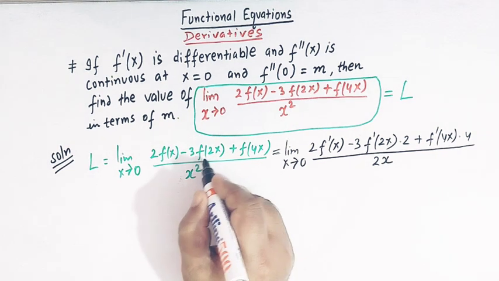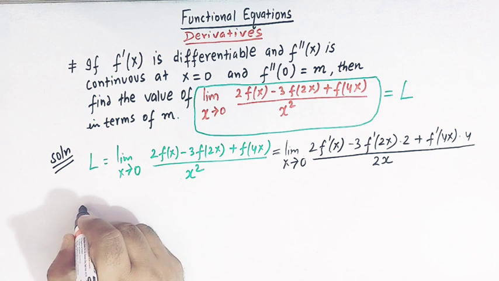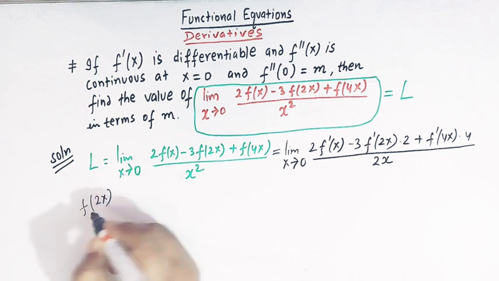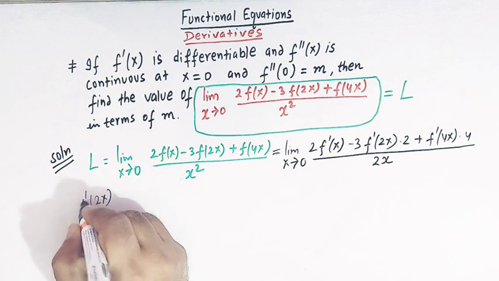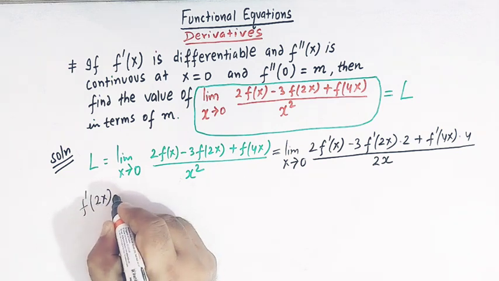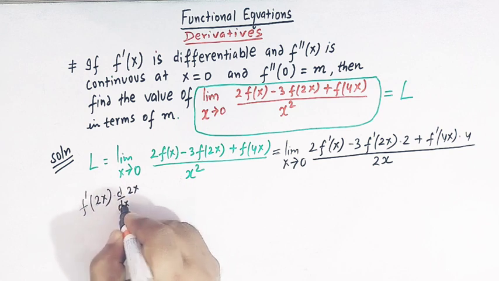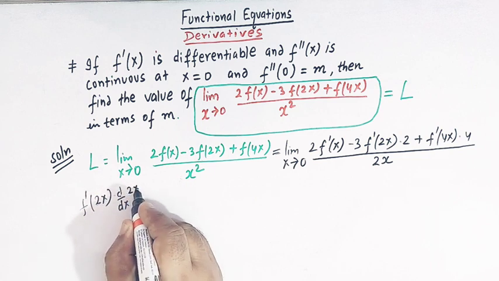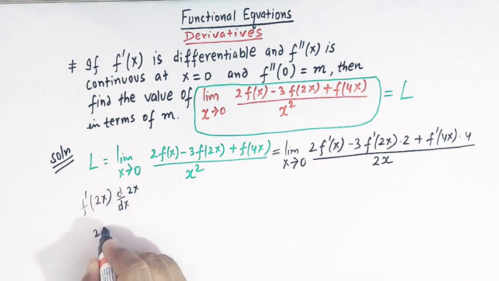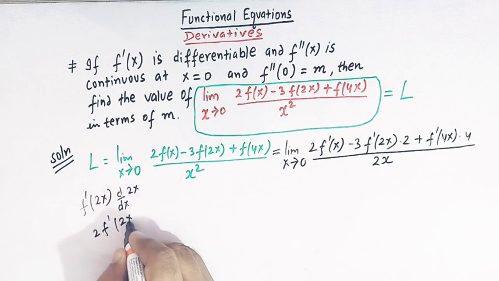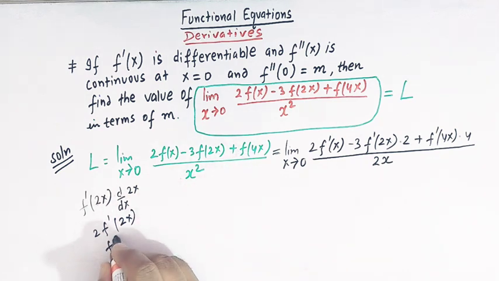It is important to note that the derivative of f of 2x is f prime of 2x, and then we differentiate 2x with respect to x, and we are left with 2, so we have 2 f prime of 2x. Similar is the case with f of 4x.